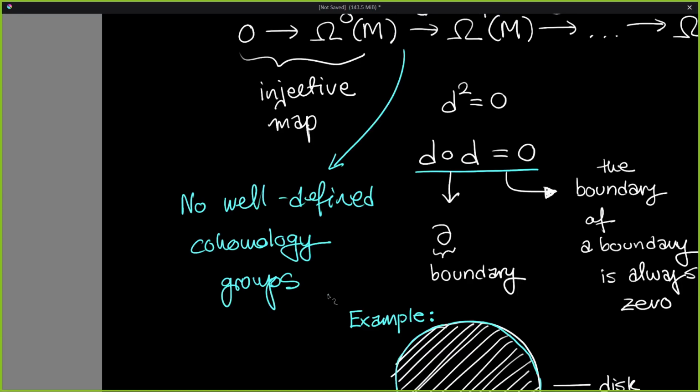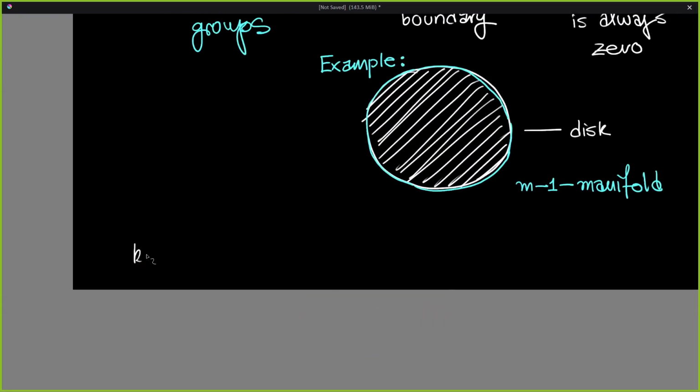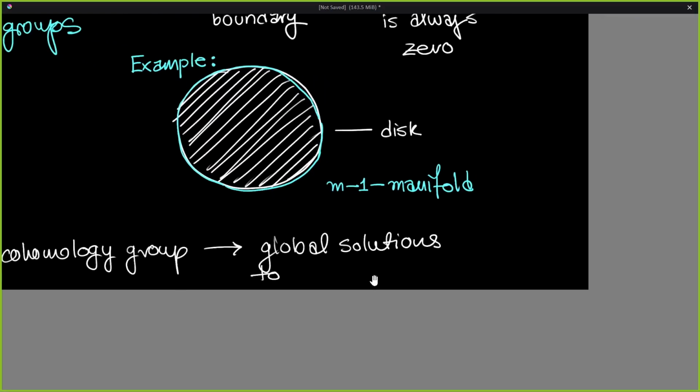So what the cohomology groups tell us is that the kth real cohomology group tells us whether we have global solutions to: there exists alpha for omega equals d alpha, given that d omega equals 0, in the case of real manifolds.